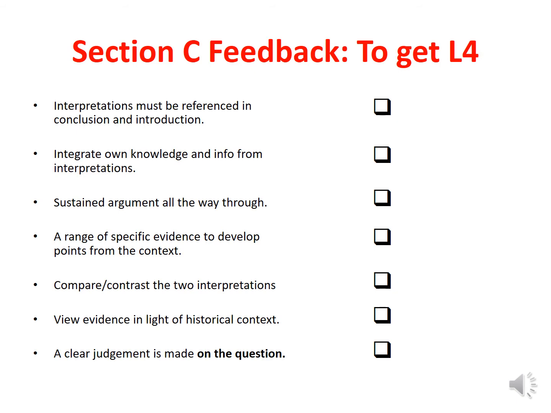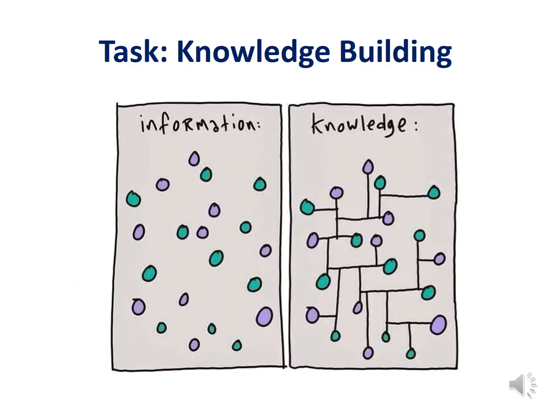On your homework, you'll need both of these slides to help you, the generic mark scheme and this section C feedback. That'll be really important for the main activity of today's lesson. Before we get to the main activity of today's lesson, I'd like us to just build on some knowledge from prior lessons.